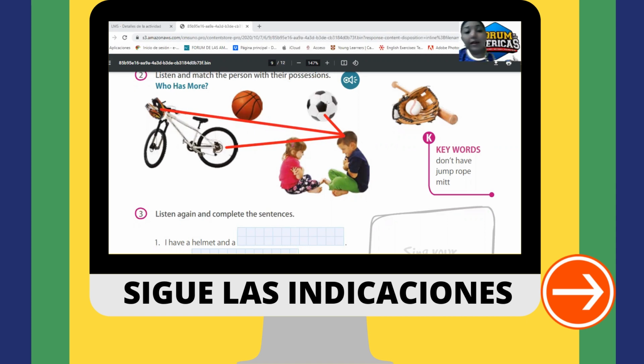The boy is the owner of 3 things. What about the girl? She said she has a basketball, baseball, a bat, and the mitt. 4 possessions, right? Yeah, I think the girl has more.